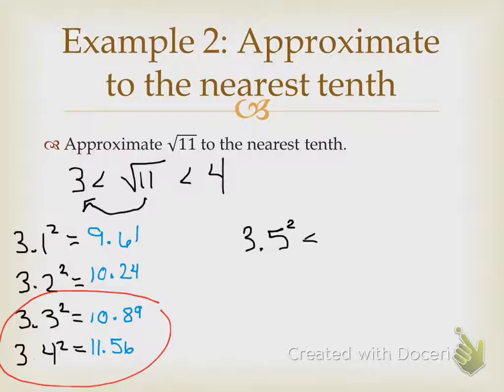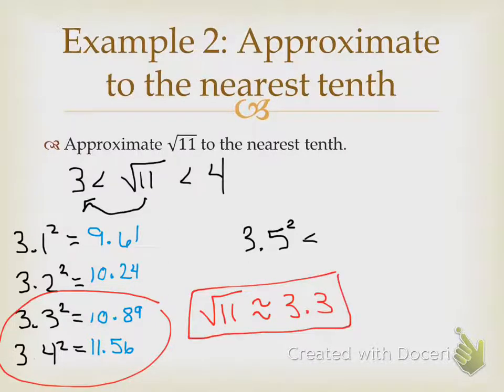So which one's closer, 10.89 or 11.56? Which one is closer to 11, Sean? 10.89. So I can say that the square root of 11, I'm getting even more specific now, is approximately 3.3. You do need to show this work on your homework tonight.